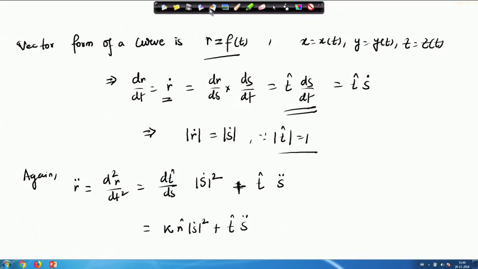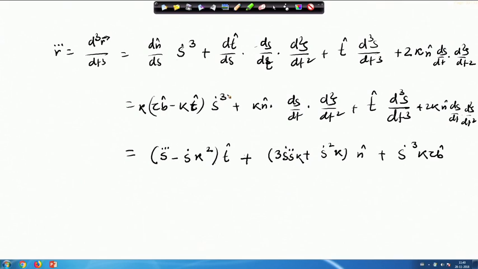So let me just match again. I'm matching with my lecture notes.